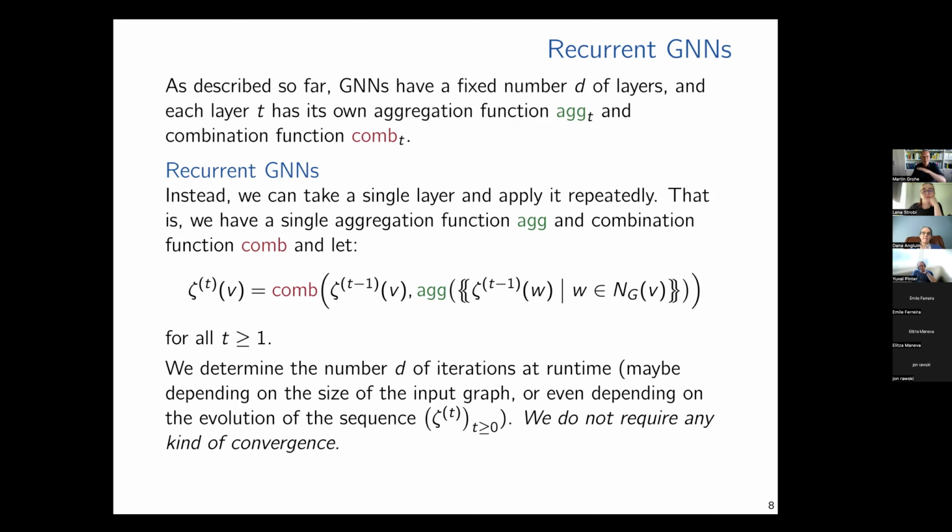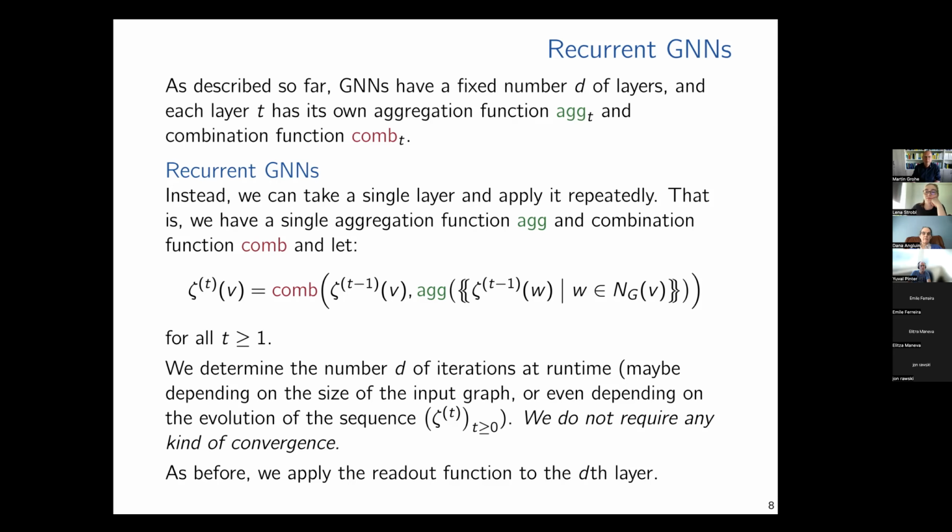For these bounded depth, fixed layer networks, the results I'm going to present give a very clear picture. For the recurrent model, basically we have no idea what happens. So there are interesting open questions.